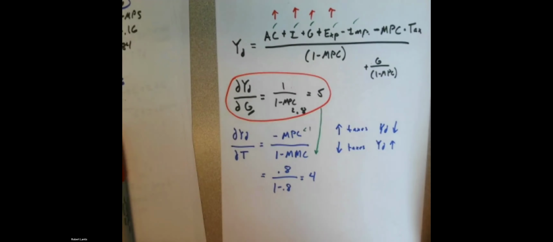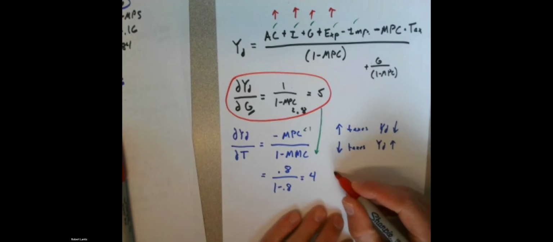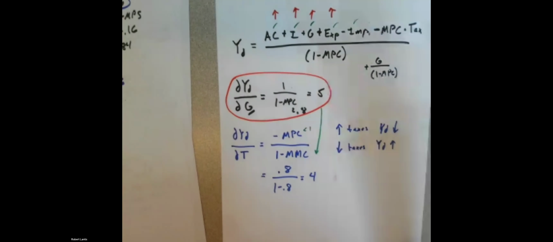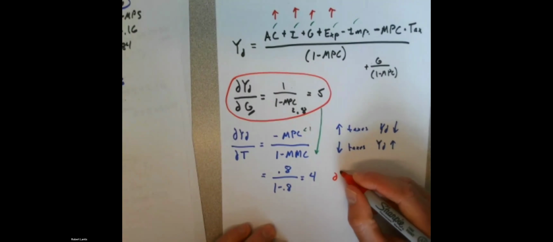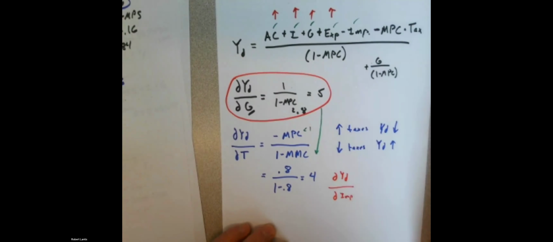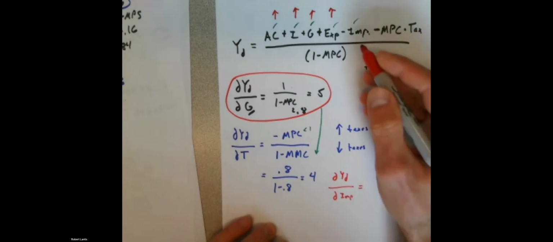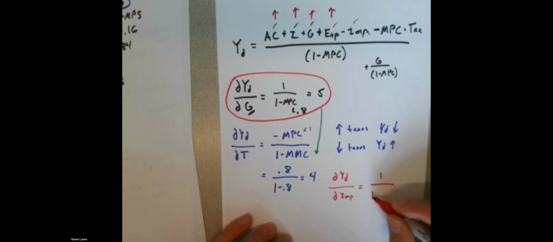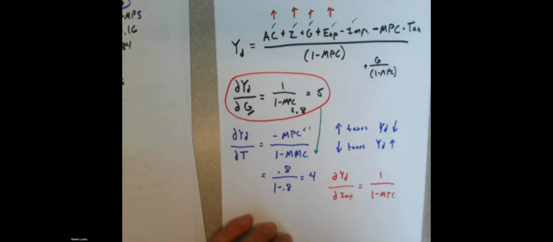Now, the only option left that should be the correct answer, I'll get this updated after class, is a decrease in imports. Why? Well, if I think about the change in my real GDP coming from a change in imports, it's still going to be 1 over 1 minus the marginal propensity to consume.